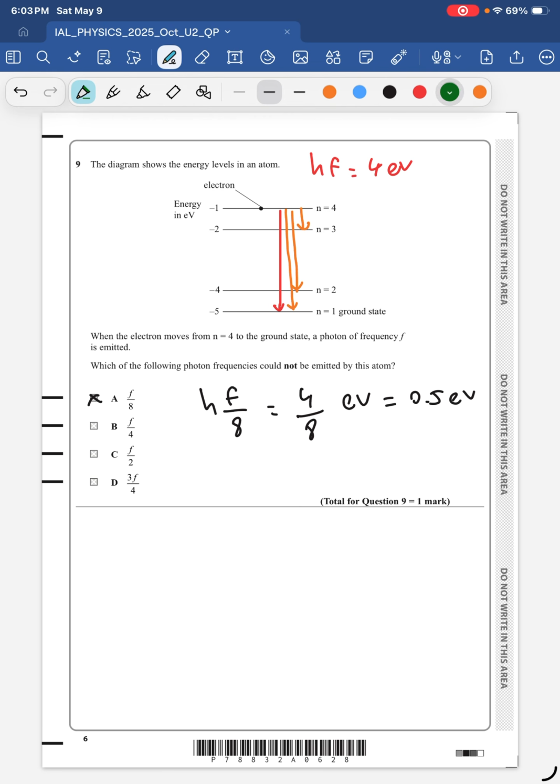Other possibilities include a jump from n equals 3 to n equals 2, that's again 2 electron volts. And then this jump is 3 electron volts, and so on. In short, this jump has to have an integer change of electron volts. So we cannot have half an EV. So that's impossible. So A is the correct answer.